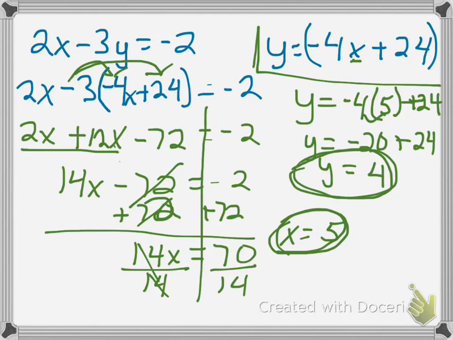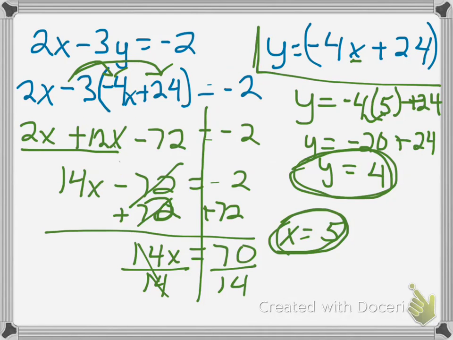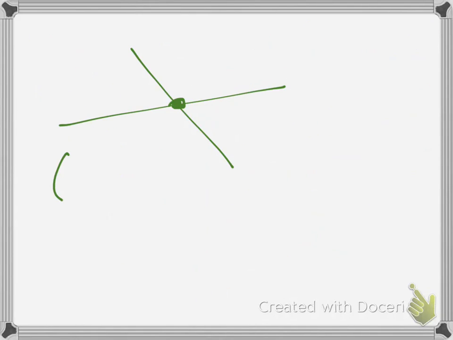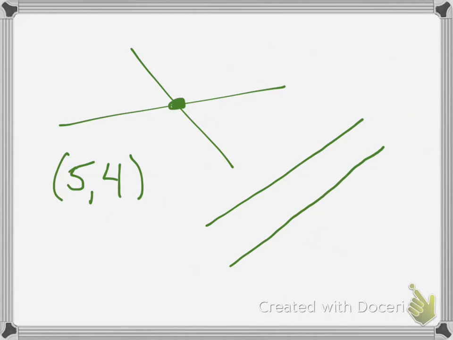If you think about lines, what could they do? They intersect at one point. So these two lines intersect at this particular x and this particular y coordinate. If two lines don't intersect, they can be parallel. That's no solution.